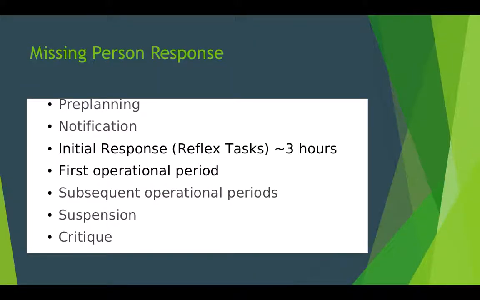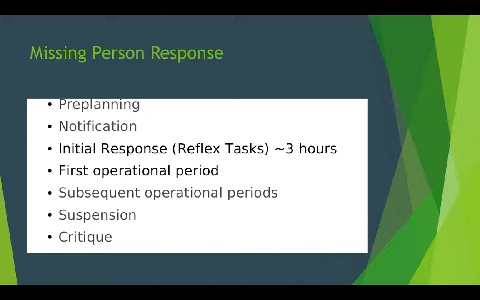There are some general guidelines to any missing person response, and here we have the basic steps leading up to and completing any search and rescue mission. The first phase is the pre-planning phase, where incident command is set up and the units within incident command begin to develop the information relevant for implementing a search. Notification is for the resources and everyone to appear on the scene.